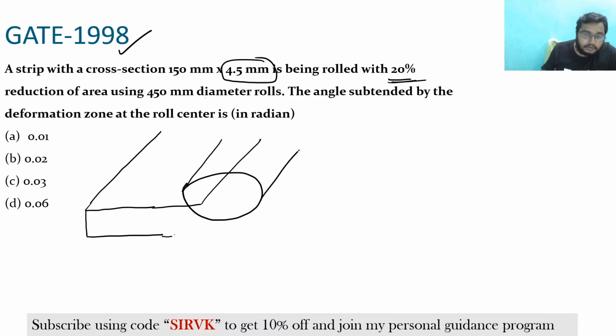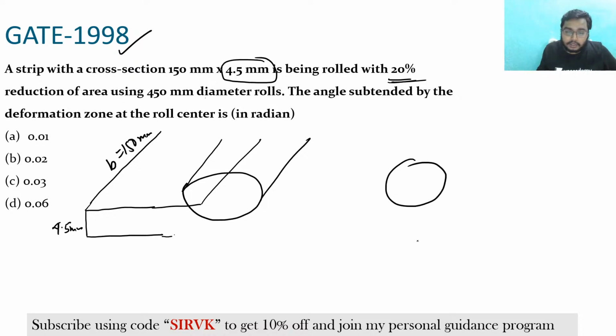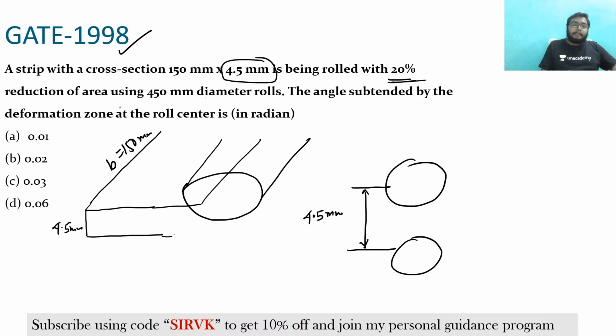With this rolling process, the sheet is reduced. This is the width which is given as 150 mm, and this is the 4.5 mm. Clear? So we just draw like this, that these two rollers are there, and in between them, this is the thickness. What is this? It is 4.5 mm. Clear? It is being rolled out with 20% reduction.